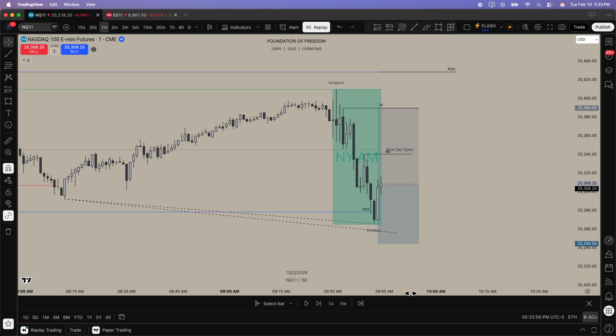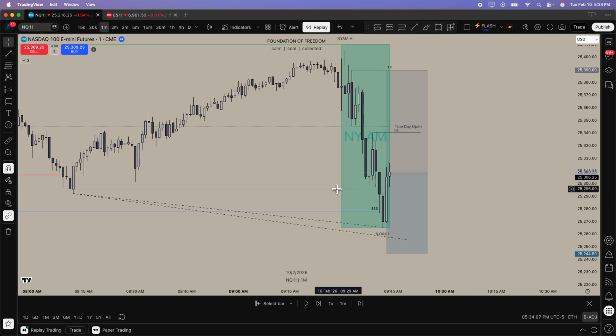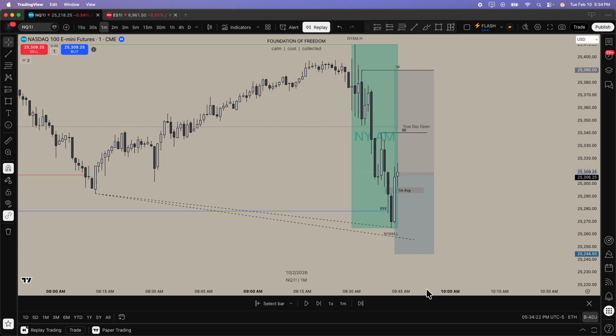One of our rules is if you're taking a lower time frame IFVG, which is formed right there, you mark that out. If you're gonna take a lower time frame IFVG, stop's got to be below the swing low.